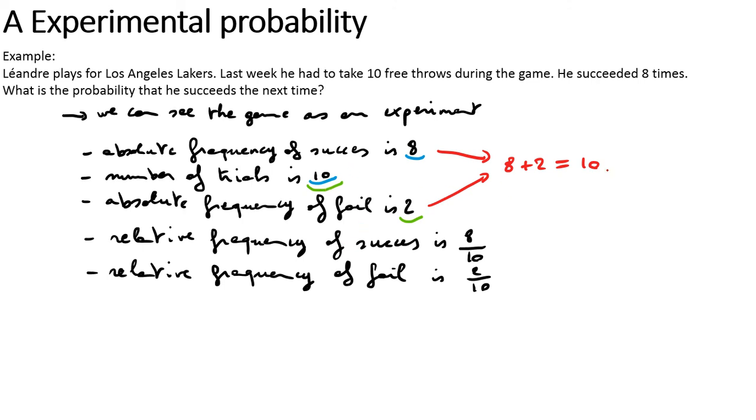So 8 plus 2 must be equal to 10. For the relative frequencies, you can either succeed or fail, so the relative frequency of success, 8 over 10, plus the relative frequency of fail, 2 over 10, must be equal to 10 over 10, or 1, or 100%.